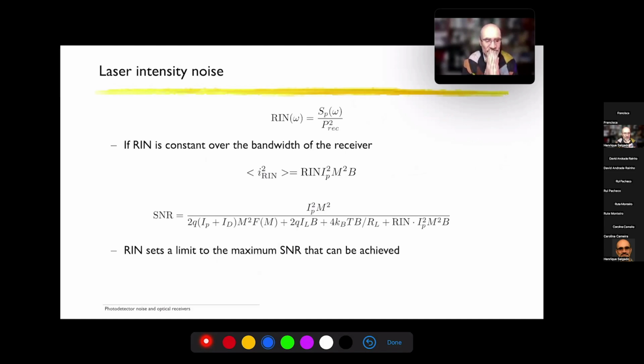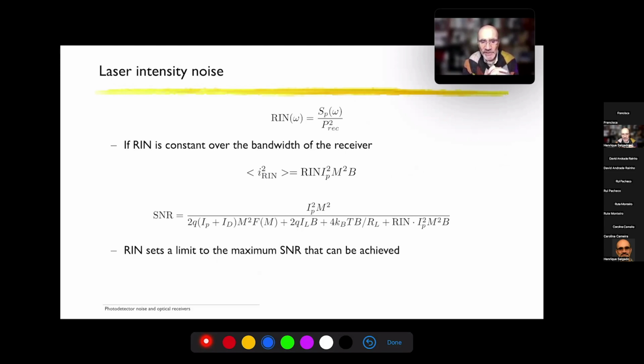Just to finish this part, we've seen that in the laser diode, the basic nature of the light emitted is a result of stimulated emission, but there is always some spontaneous emission, which is equivalent to noise.